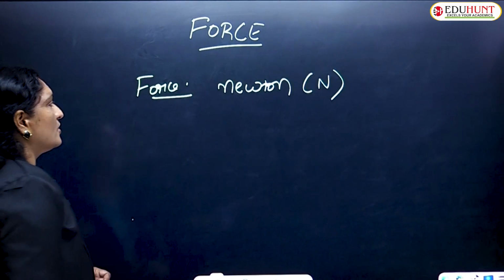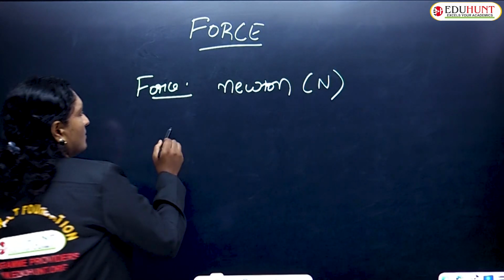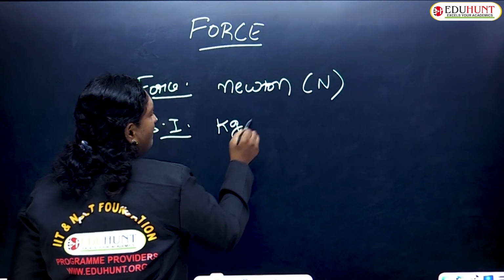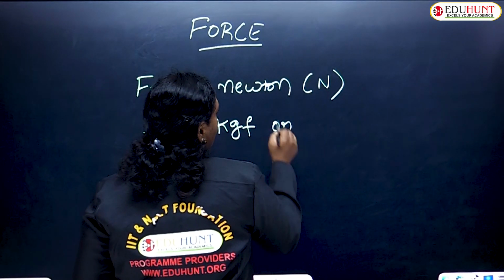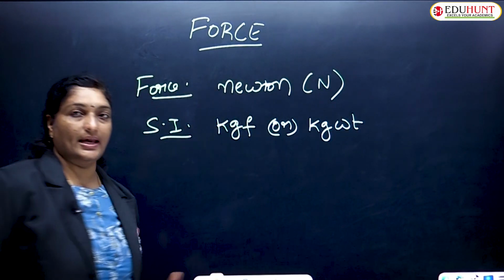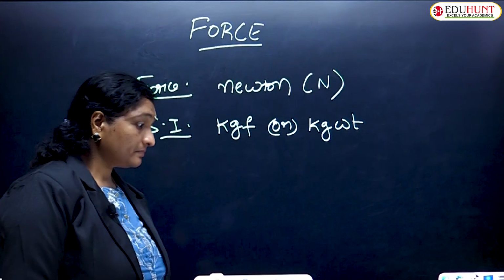And remember children, the other units of force in the SI system is generally kg force, or it can also be written as kg weight. So what exactly is the meaning of kg force or kg weight?